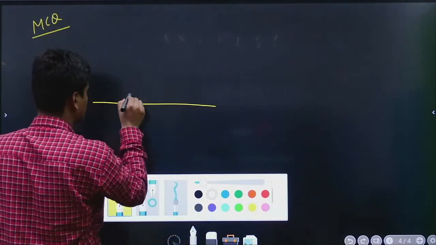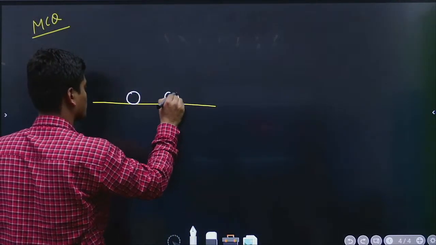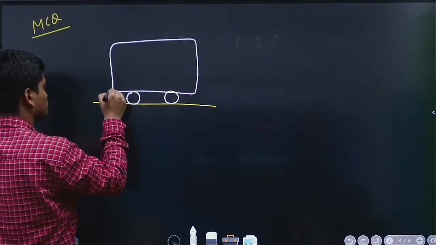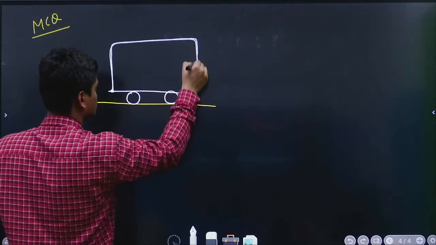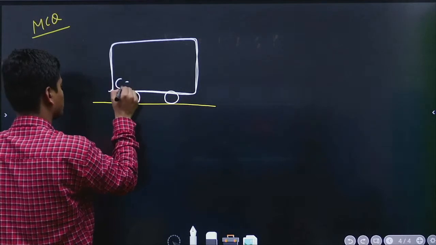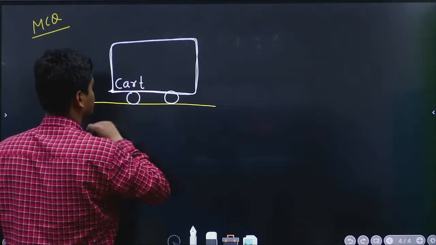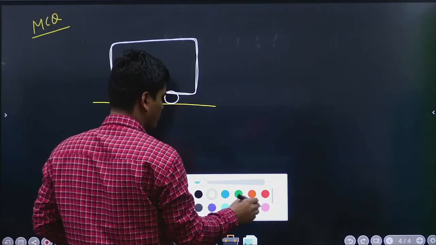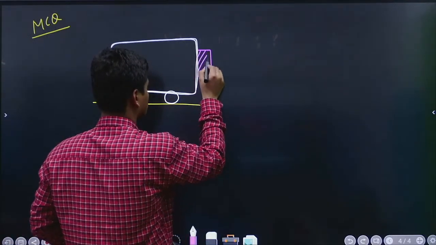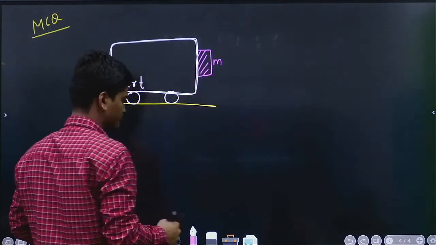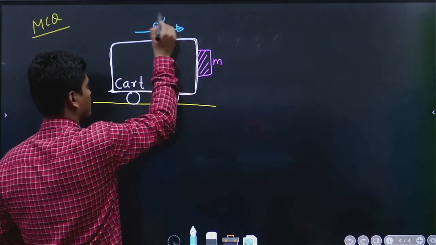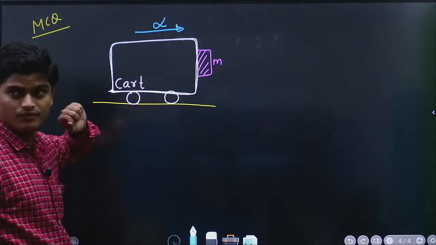One block is attached to here. This block's mass is M. Now this total system is going with acceleration alpha.